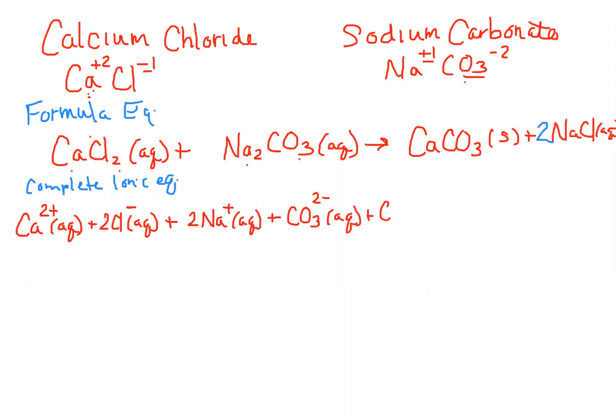We're keeping the solid together. Whoops, I did that wrong. Yields, we're keeping the solid together. And we've got 2 sodiums, which has a +1, and 2 chlorines, which has a -1.